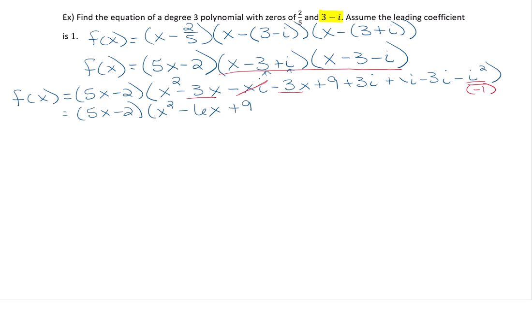And then we have positive 3i and a negative 3i that reduce. And we also have minus the negative 1 at the end, which would become plus a positive 1. So we have 5x minus 2 times x squared minus 6x plus 10. And if they don't ask you to expand it, I would leave it right here.